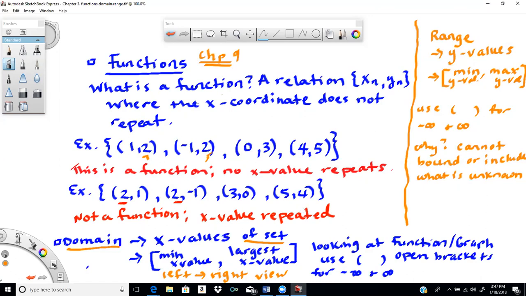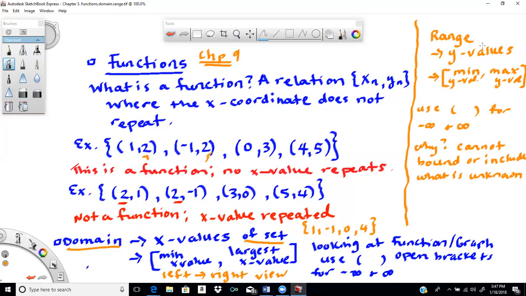All right, now let's go over the domain and the range, and then we'll look at some examples from your homework. The domain deals with the x values of your set. If we're looking at a relation, then we pick the x values. So for this one, the domain of this relation would be 1, -1, 0, and 4, written as a set, if you're writing just the x values.